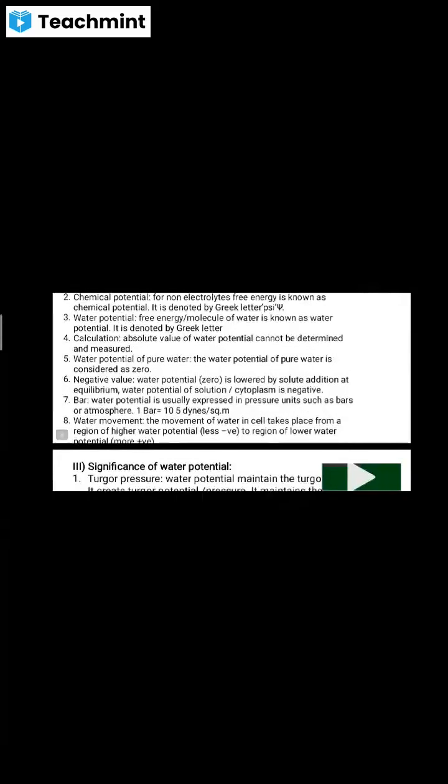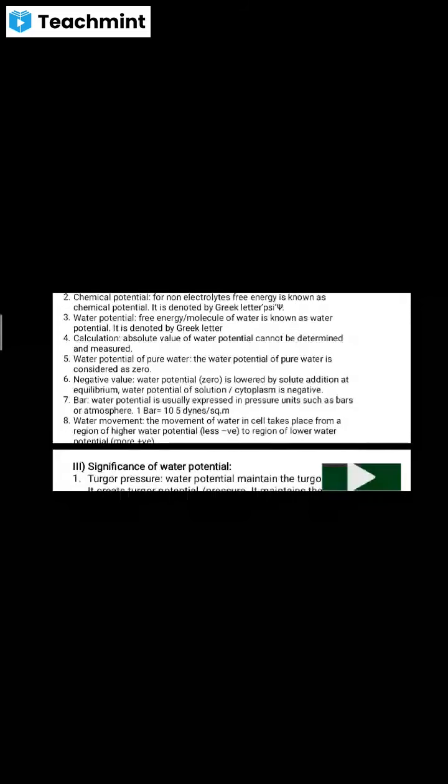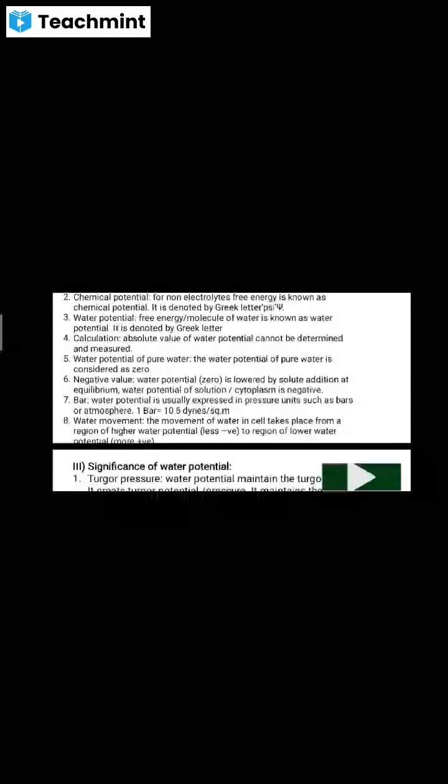So 1 bar is equal to 10 raised to 5 pascal. So water movement in the cells takes place from the region of higher water potential to the region of lower water potential. So always in plant cells, the water movement takes place from high water potential to low water potential.